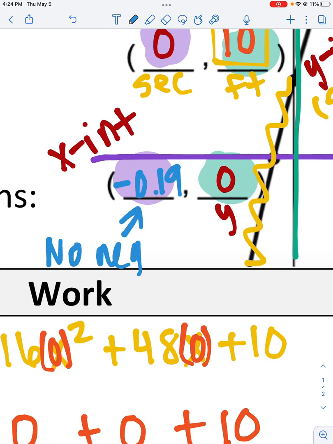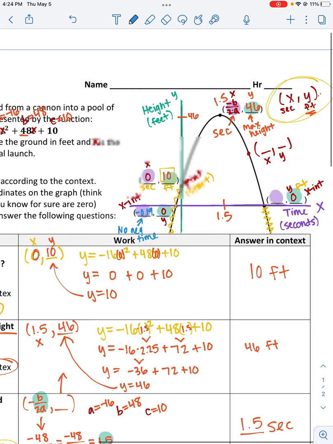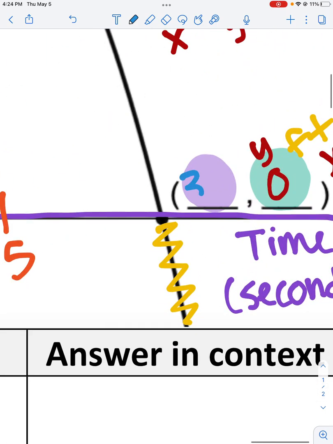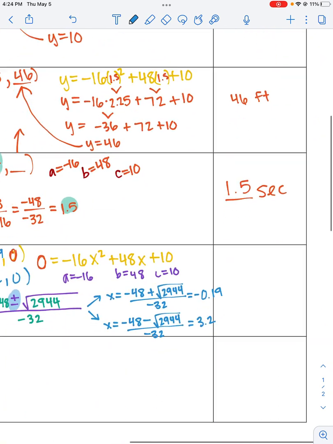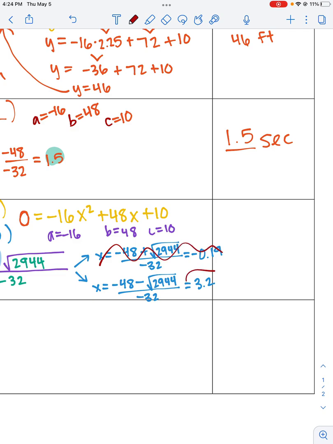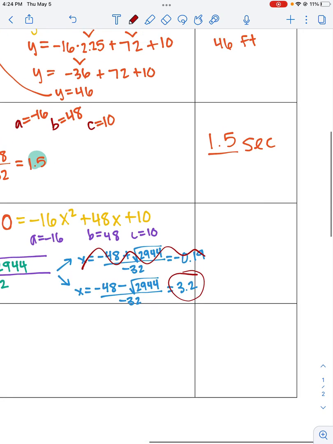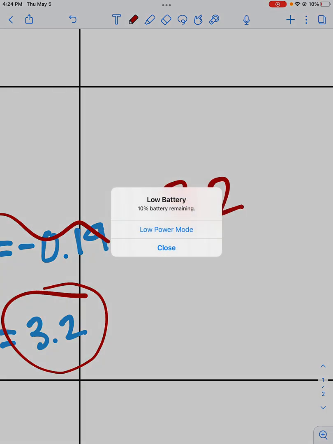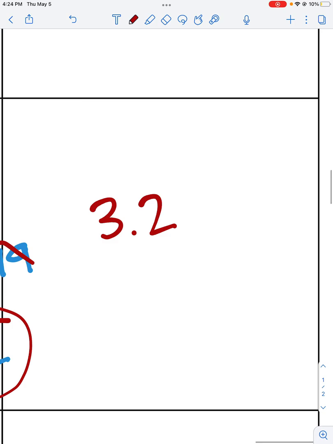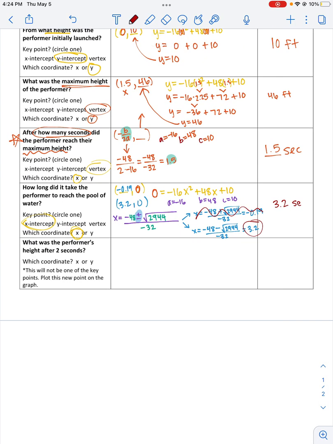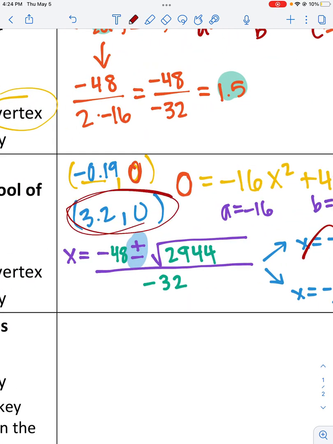So no negative time, so we do not consider that as our answer to this question. Instead, we use the positive 3.2 seconds intercept. So this tells us that the cannon person will hit the water at a height of 0 after 3.2 seconds in the air.